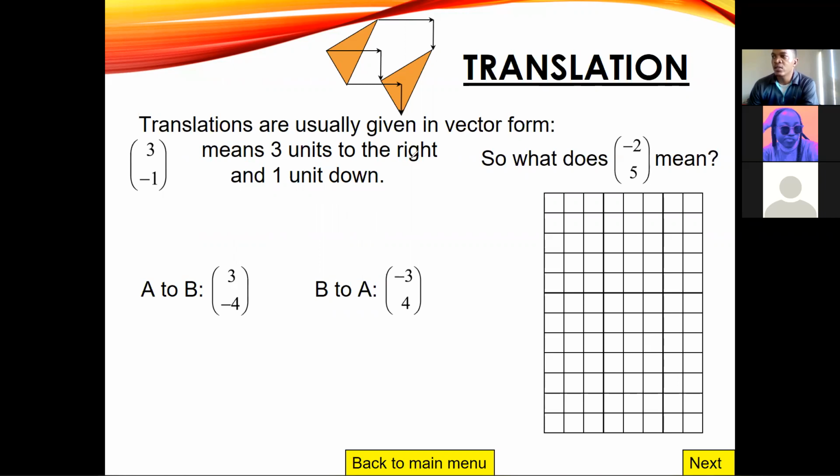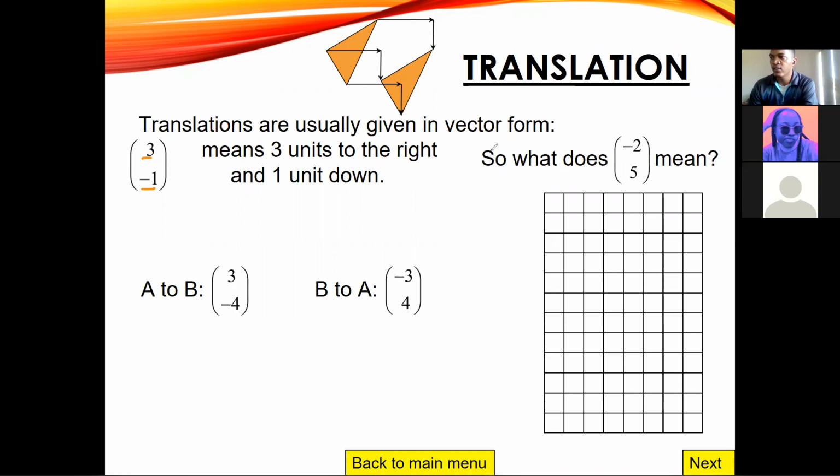So 3 means 3 units to the right and 1 unit down. That's basically just what it means. This number says go 3 to the right, and this number means 1 down. Okay, now I am going to show you again, there's a graph over here. With the graph, when we say to the right, or if it's positive, we go to the right.